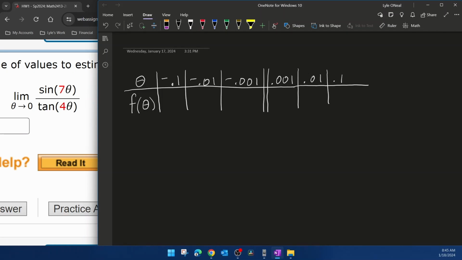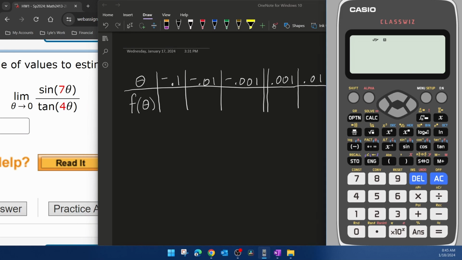And now all we need to do is pull up our handy dandy calculator, make sure that we're in radian mode. And I don't know if you can tell that, but there's a little R right here on the calculator that indicates radian mode. And we're going to use the calculator to evaluate sine 7 theta.